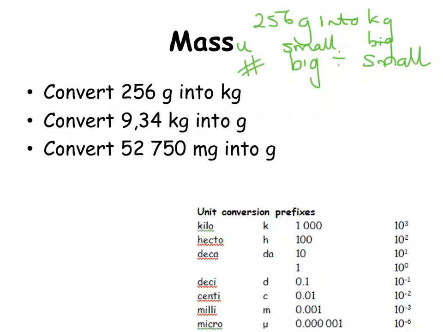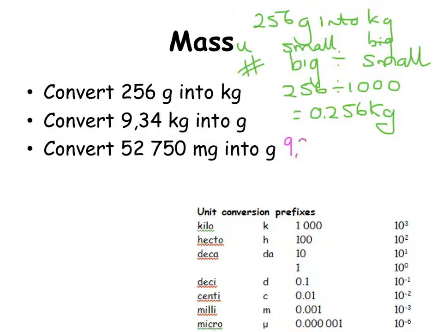Taking a look at what I'm going to divide by, I look at kilo and I see that it is 1,000 times bigger than no prefix at all. So the conversion factor is going to be 1,000, and I go 256 divided by 1,000 is equal to 0,256 kilograms.